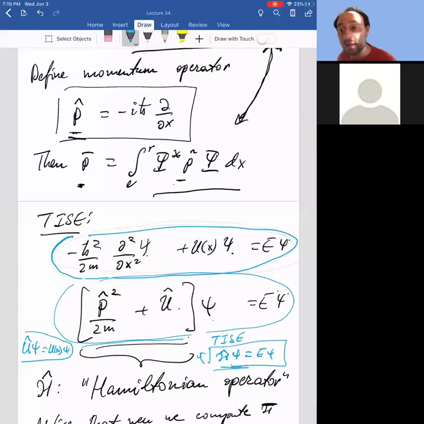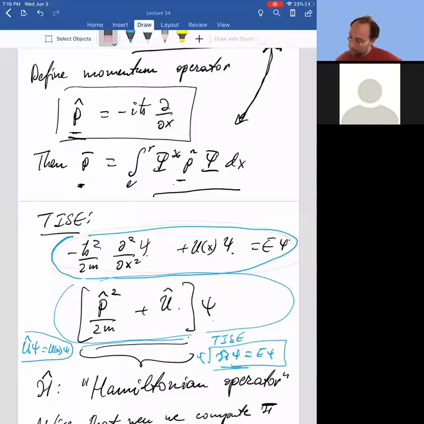So you have multiplicative operators that just multiply the function, and you have differential operators that take some kind of a derivative. And so I can cast the time-independent Schrödinger equation in this interesting form, the operator form.